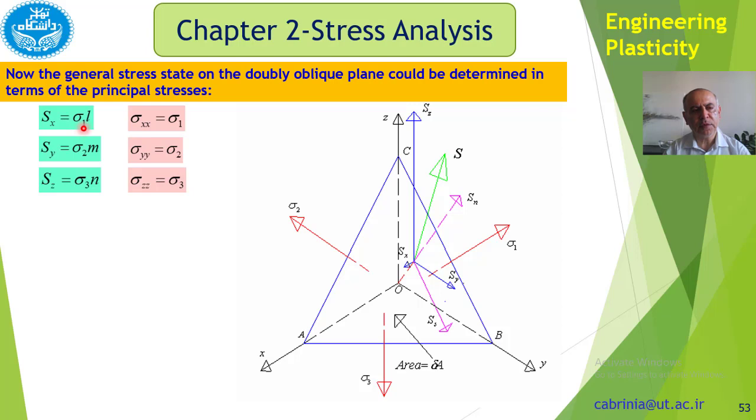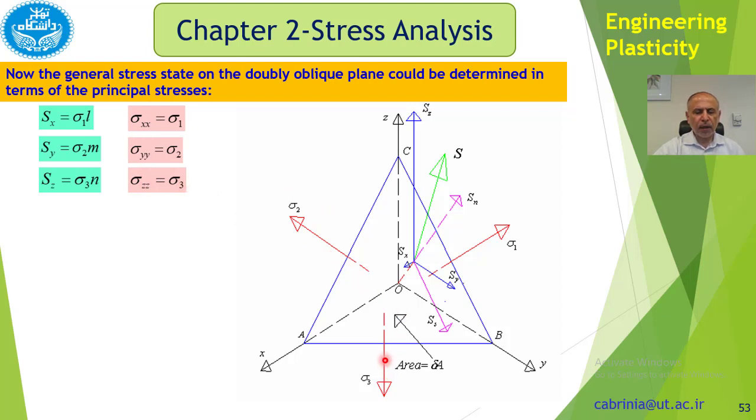Previously we put sigma L, but here we are putting sigma 1, 2, and 3 because we have these three principal stresses. X is sigma 1 L, sigma 2 M, sigma 3 N, and sigma XX is sigma 1, sigma YY is sigma 2, and sigma ZZ is sigma 3, okay?